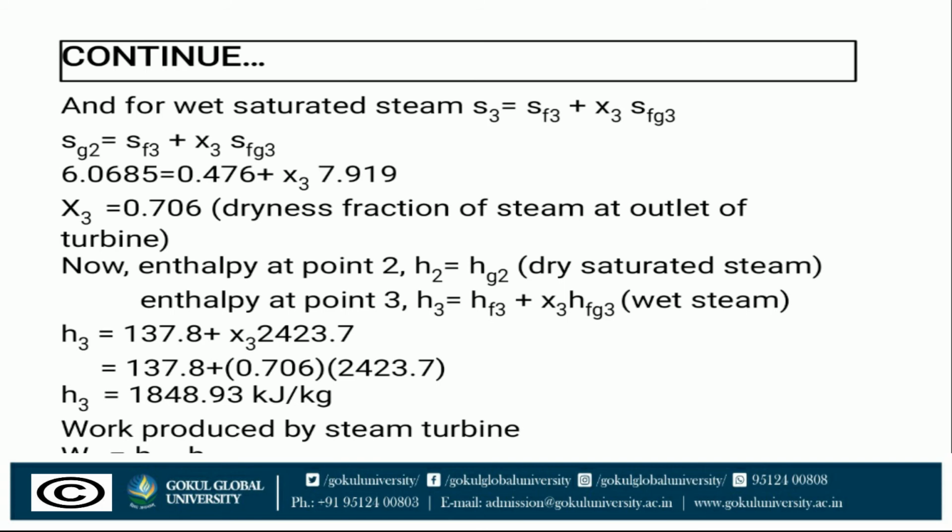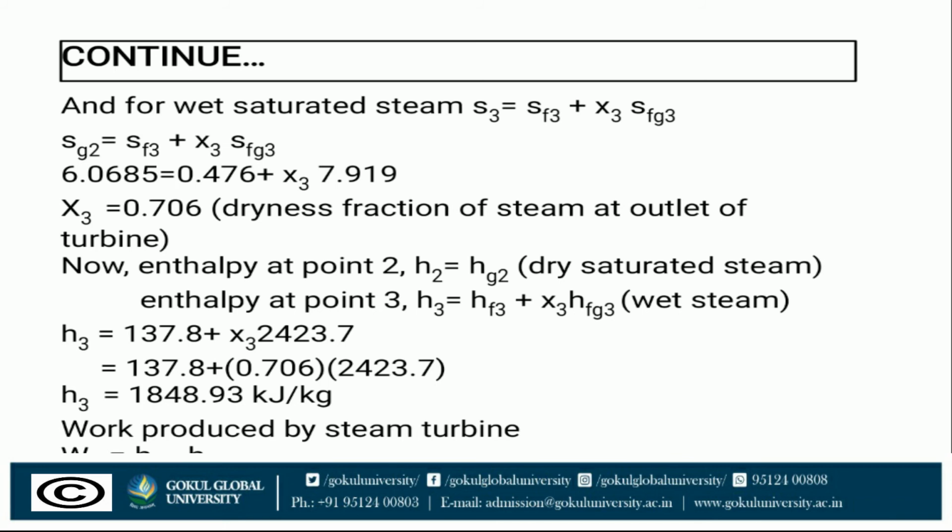Now enthalpy at point number 2: H2 is equal to Hg2, dry saturated steam. Enthalpy at point number 3: H3 is equal to Hf3 plus X3 into Hfg3, the combination of fluid and gas particles called wet steam. Now we find the value of H3 equal to 137.8 plus 0.706 into 2423.7.